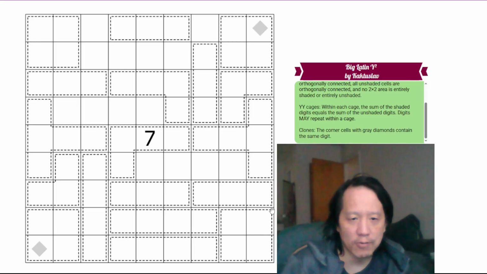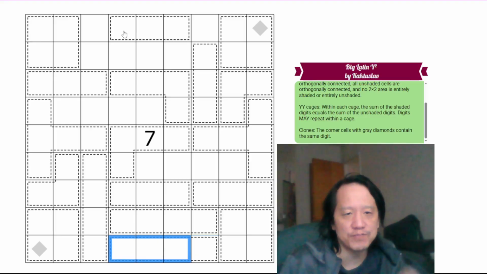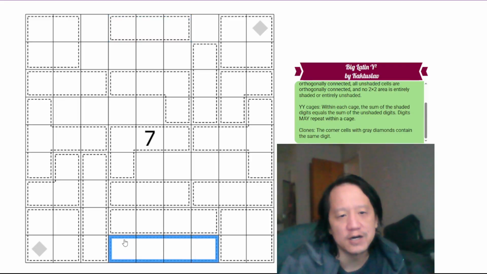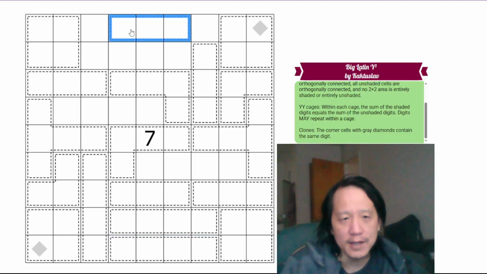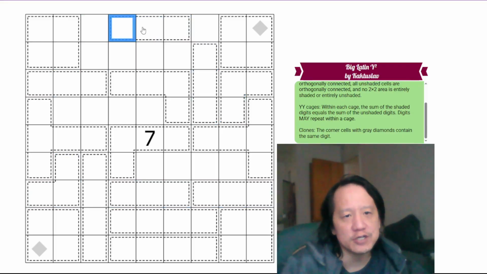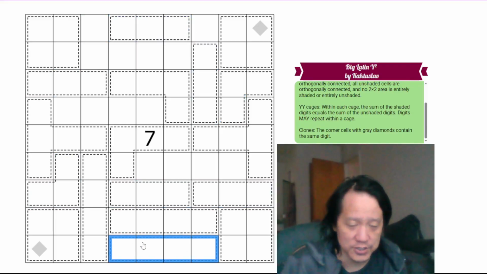Let's go. Okay, let's look. The thing that I'm looking for is cages which are completely on the edge, and we have two of them. So there has to be some breakup of shaded and unshaded cells in every cage.